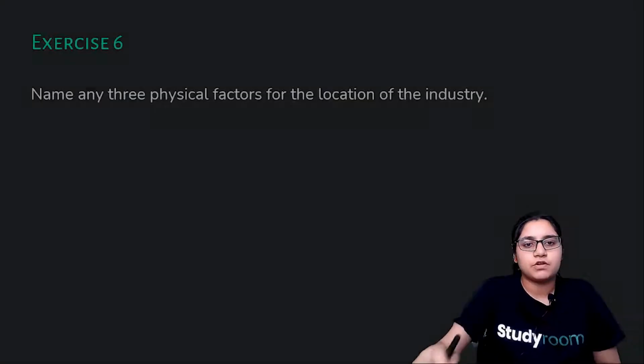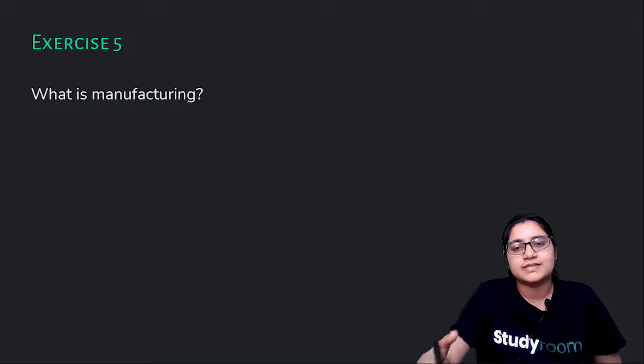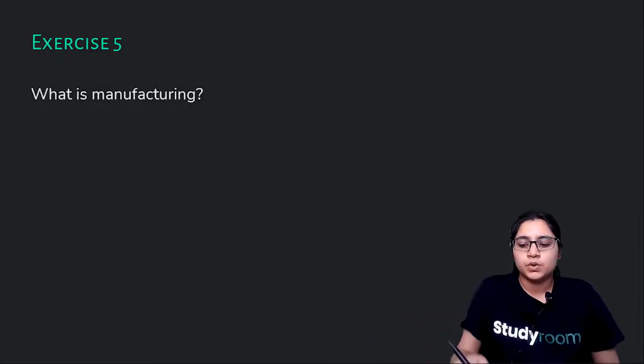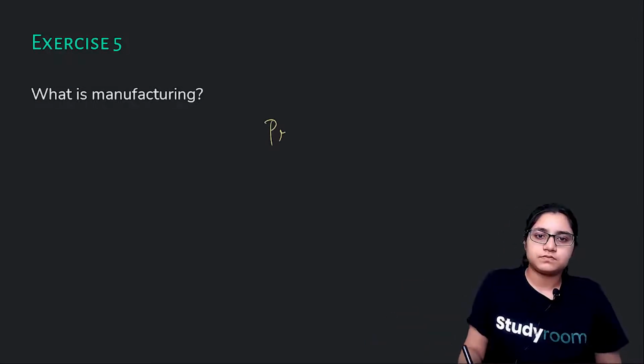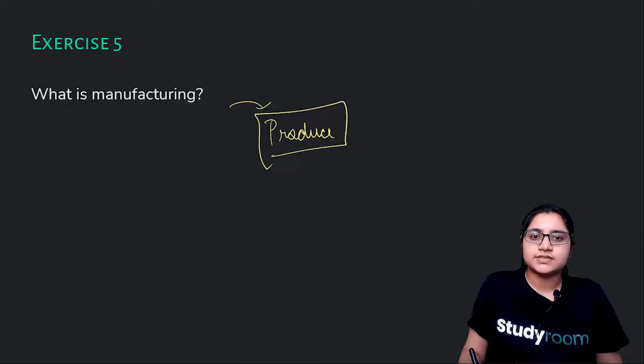Then we have, what is manufacturing? So manufacturing is a secondary process where production is done.